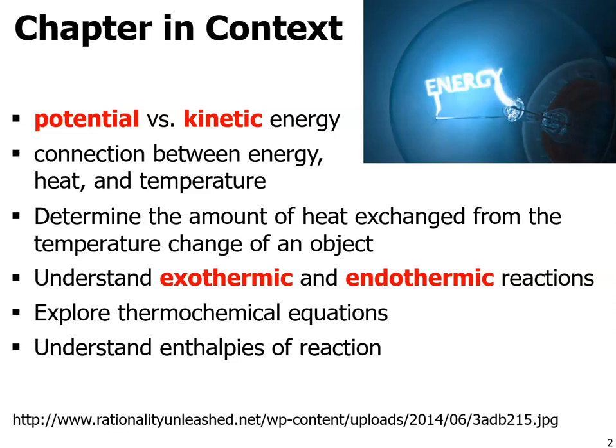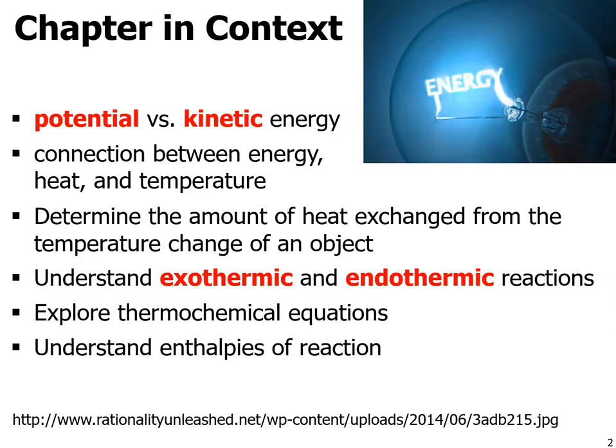We're going to talk about the difference between potential energy versus kinetic energy and how that's related to chemical reactions. We're looking at the connectivity between energy, heat, and temperature in this section. We're also going to look at determining the amount of heat exchanged in terms of the temperature from one object to another.